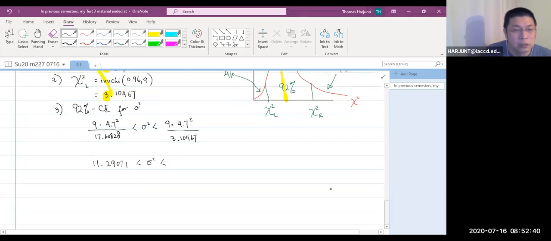But let me just go on with my calculation. So 92% confidence interval for sigma, I already have that on my calculator right now. Let me apply the square root right away to get the left fence.